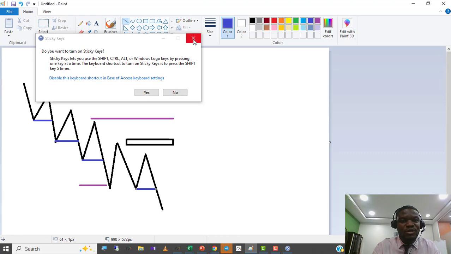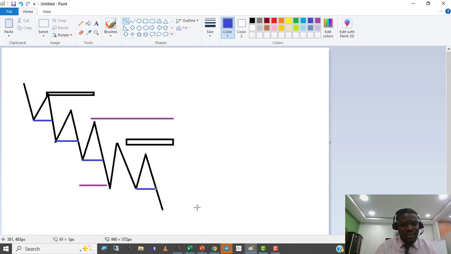That's a break of structure there, as you can see. So the market is still going down. The whole market is still going downward. So this is still the same break of structure going down. As long as the break of structure is taking out these lows, we are still going down.